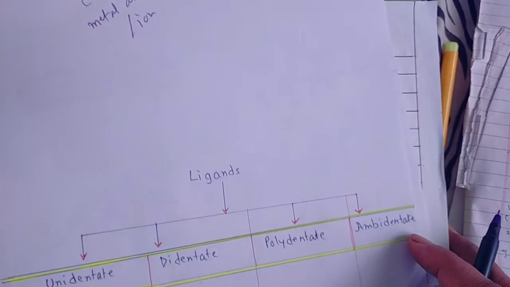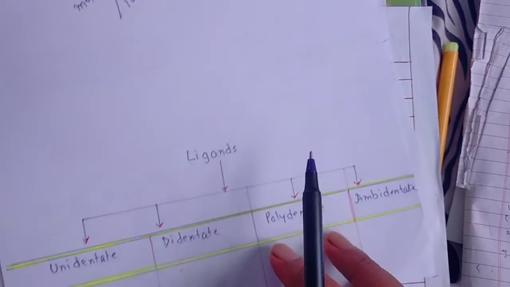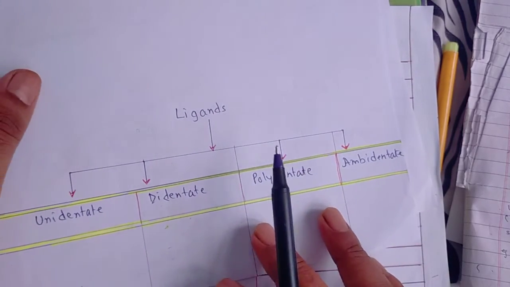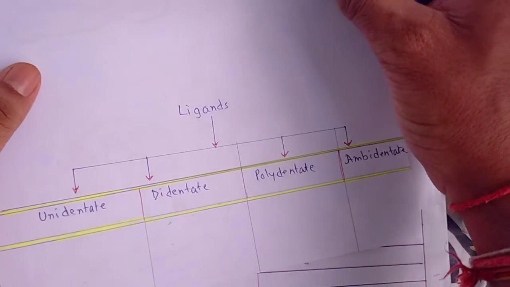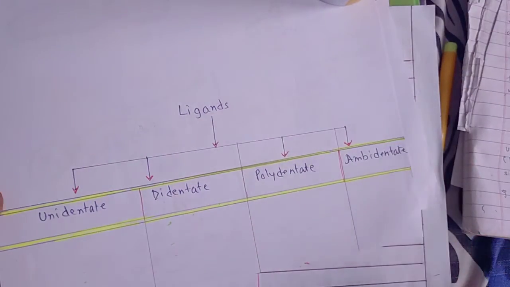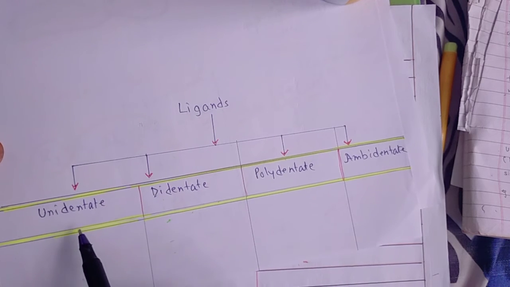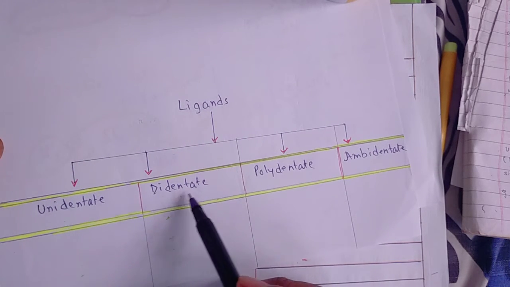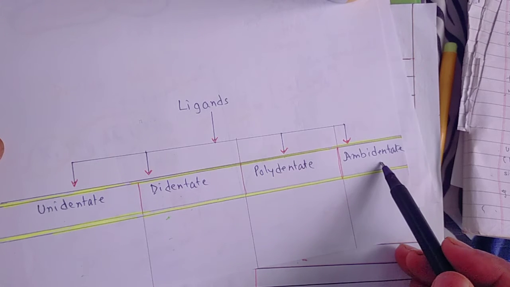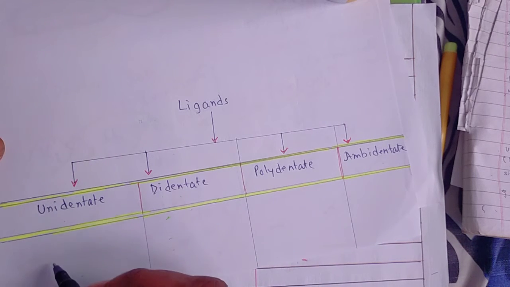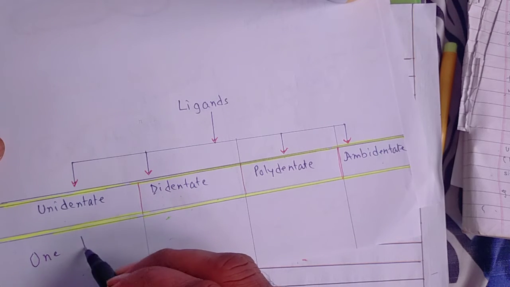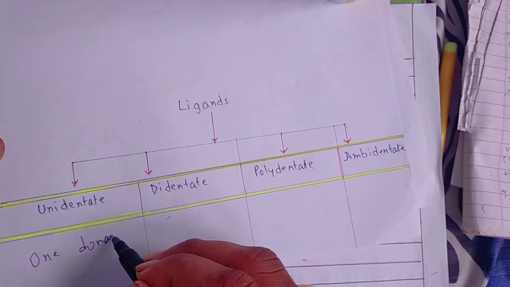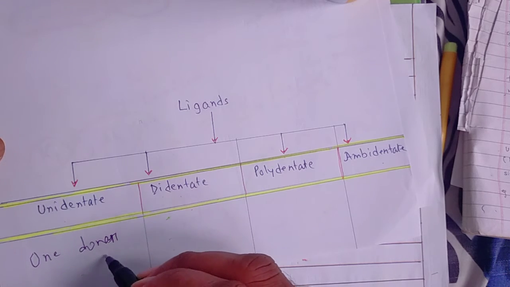Then the ligands that we have discussed here, we will take once again. Ligands are subdivided into unidentate, didentate, polydentate and ambidentate. Unidentate means the ligand having one donor atom.